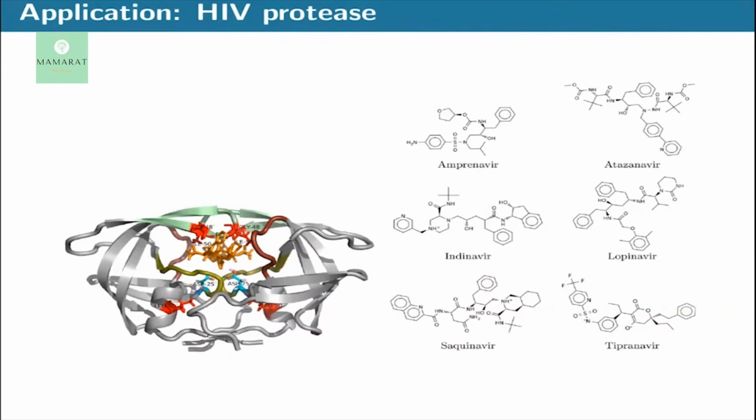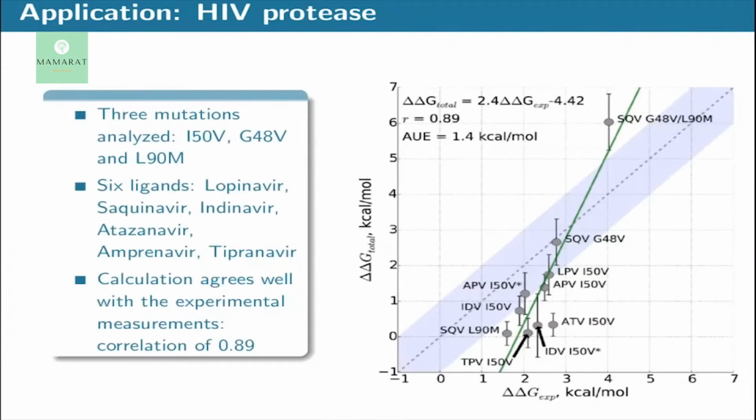They are actual drugs that are on the market, and we were able to recover a very good agreement with the experiment just by performing exactly the same calculations that I outlined before, and we are able to recover a very good correlation, as you can see, for 6 ligands, so 6 known HIV drugs, although there is a slight offset. But in this case, we did not employ our consensus force field. We know that would likely improve the results a little bit, but we are already quite happy with such a good agreement with the experiment.